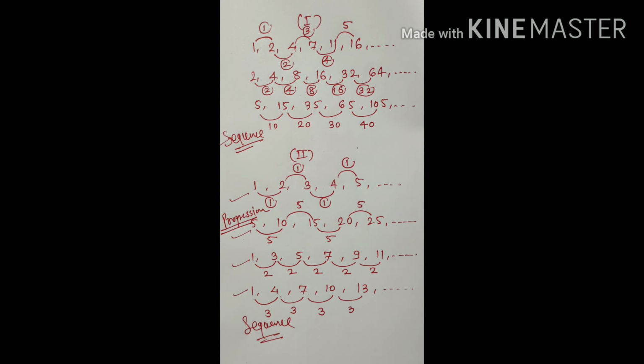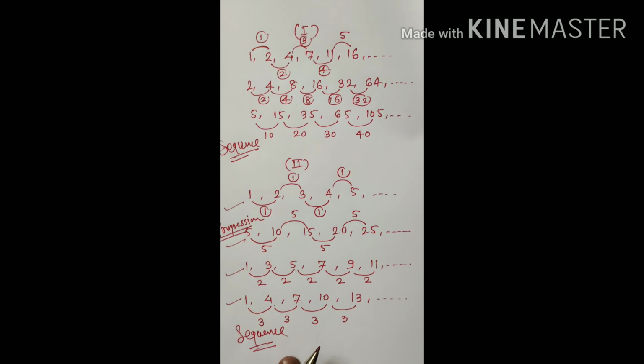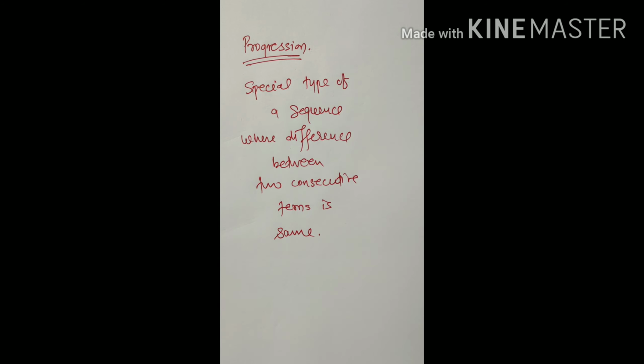Okay, student? Clear? Note down: all progressions are sequences, but all sequences cannot be progressions. So now, student, what is progression? Progression is a special type of sequence where the difference between two consecutive terms is the same.